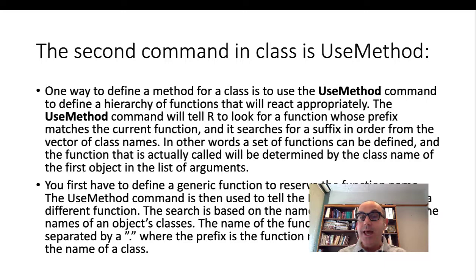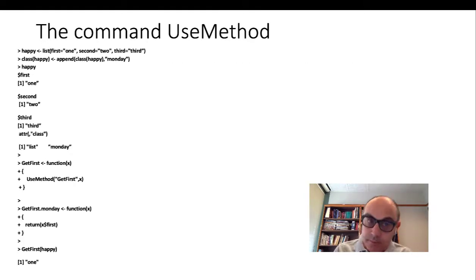In other words, it will set up functions that can be defined, and the function that is being called is determined by the class name of the first object in the argument. I know it's a little bit more complex, and I know that I'm reading it, but I want you to go over that, and I will show you an example, because this is the best way to do that.